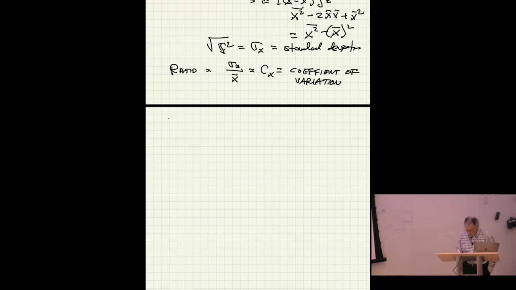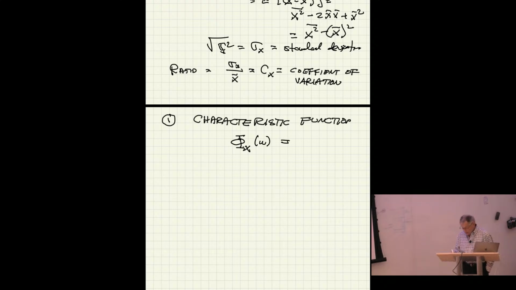Now I want to talk about some particular versions of this. I want to talk about something called the characteristic function. And its symbol is phi sub x of some variable, I'll call it u.